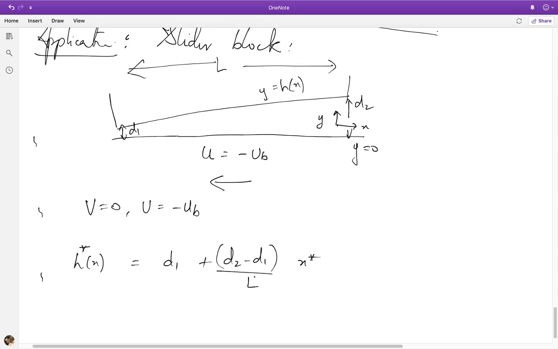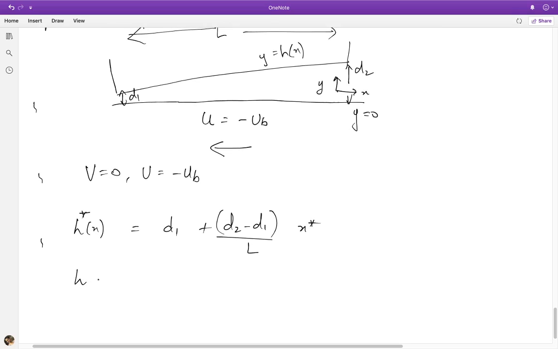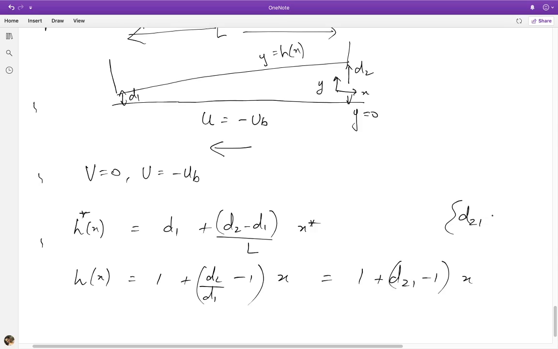is my constant slope. If I non-dimensionalize by dividing throughout by d1, I get h of non-dimensional x is just 1 plus (d21 minus 1) x, where d21 is defined as d2 by d1.